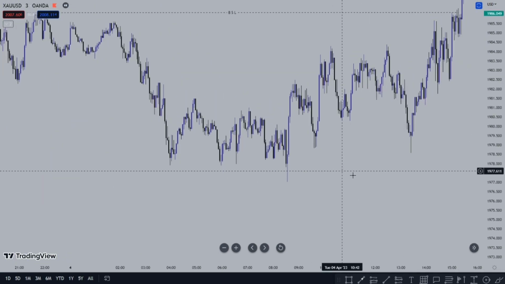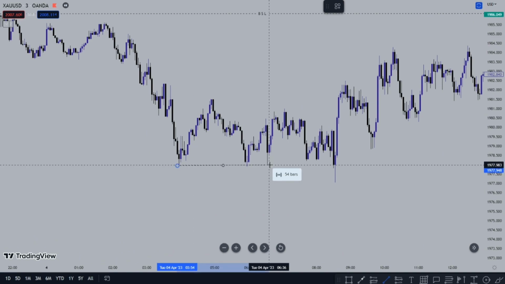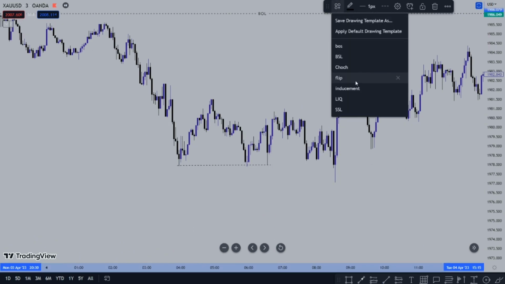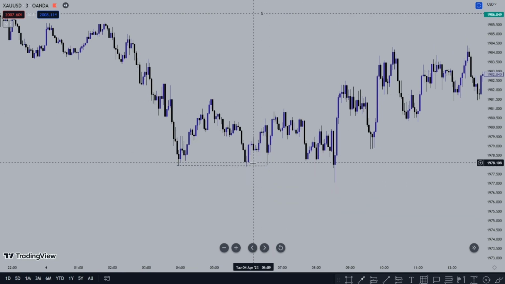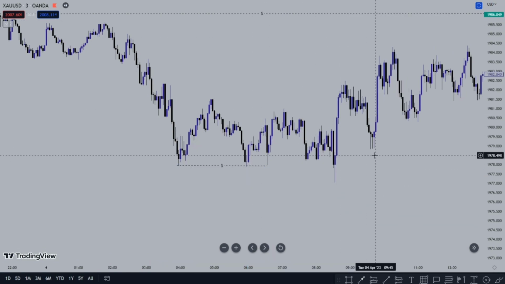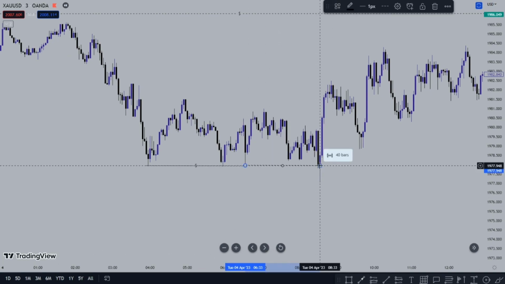What happened here? Once we have this liquidity area here, price is taking the sell side liquidity.